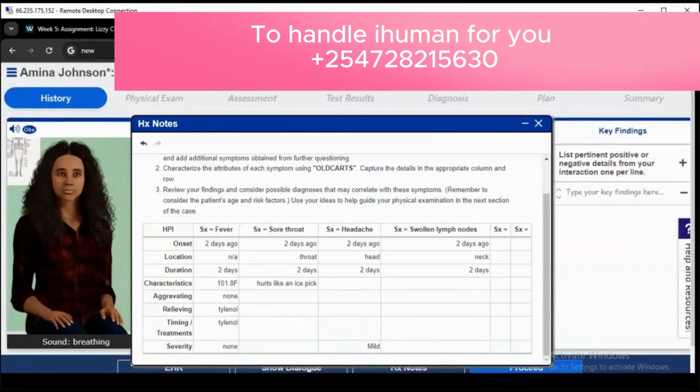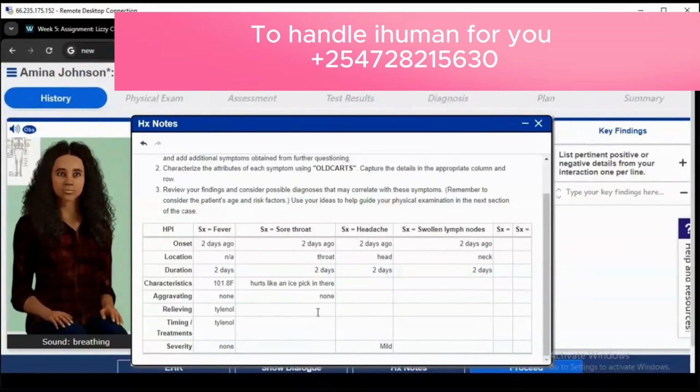and swollen lymph nodes. So what you do, as I had mentioned earlier, is follow the OLDCARTS approach, or formula, or strategy in answering these questions, where you give all the answers regarding each of the 4 symptoms.